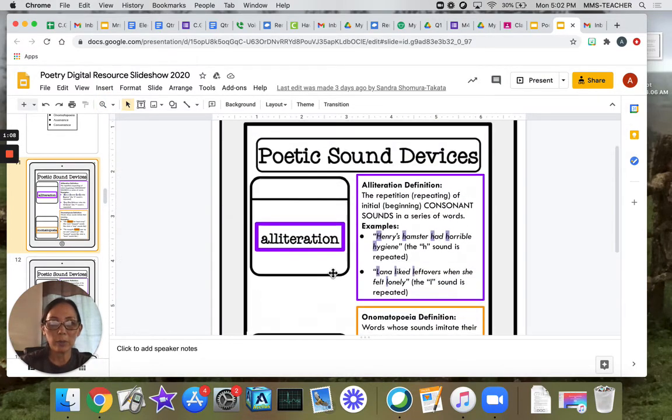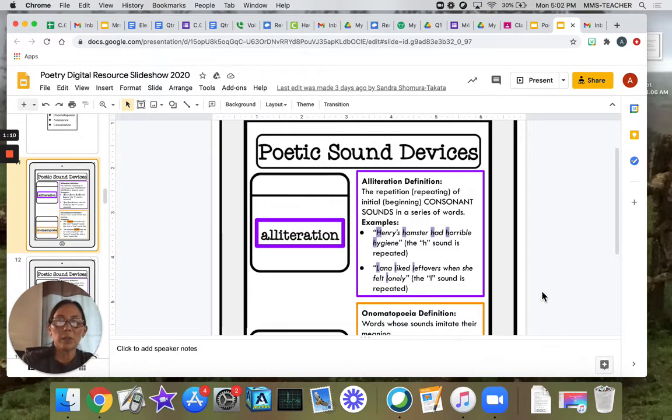So alliteration, the definition is the repeating of the initial or beginning consonant sounds in a series of words. For example, Henry's hamster had horrible hygiene. So the H sound is repeated.